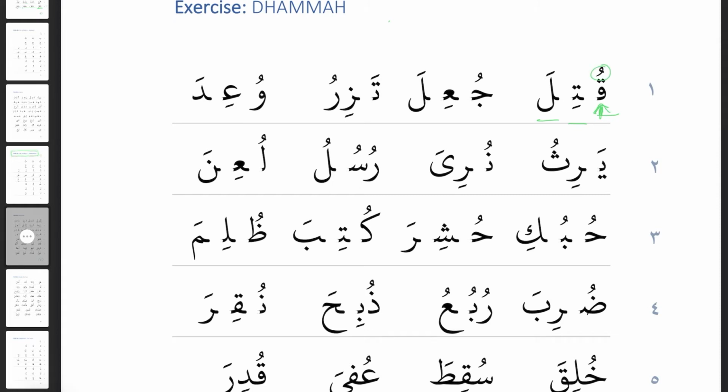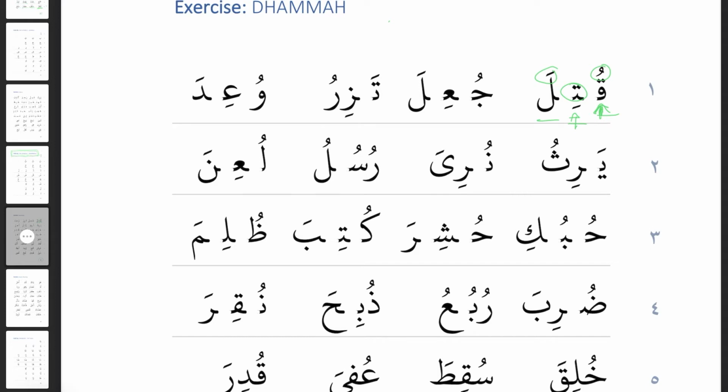So that means the qaf with a dhamma is qu. The next letter here is a ta with a kasra underneath it, an e noise, so it becomes ti. Then the last letter is a lam with an a noise on top, so it's la. So the whole of it becomes qu, ti, la.